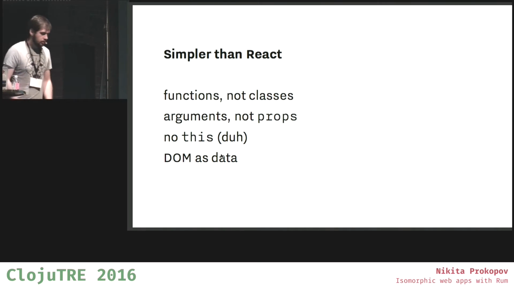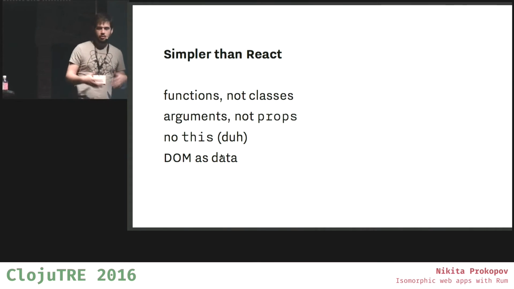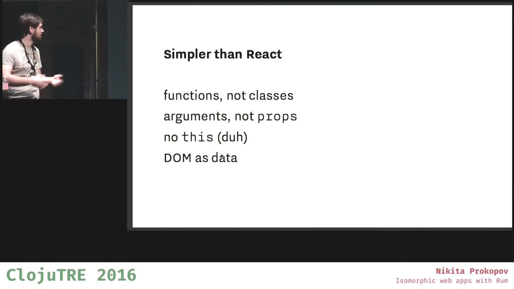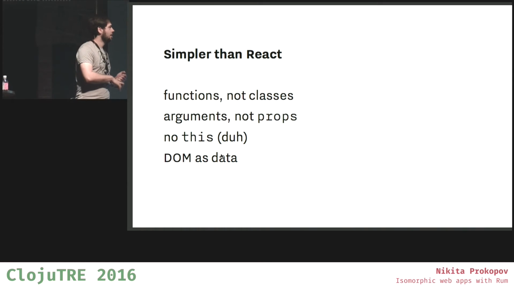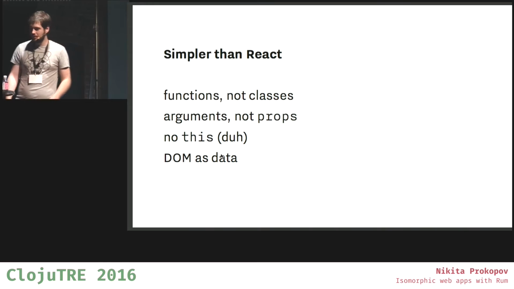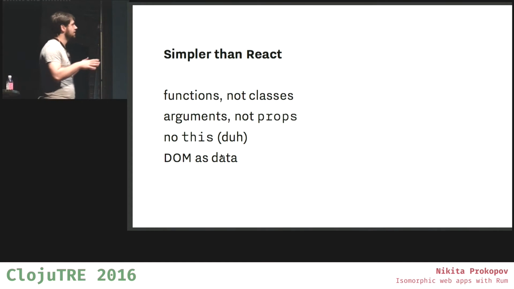And the idea was that if you're building a wrapper around React.js, we should make React.js simple, because React.js is a framework, it's a mess, there's a lot of stuff that you can use to shoot yourself in the foot. And I wanted it to be simpler.